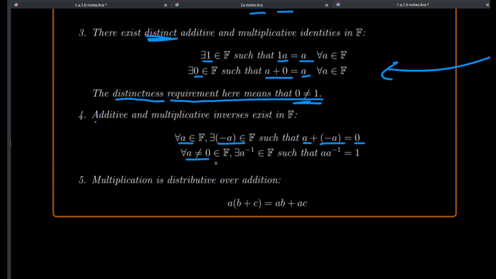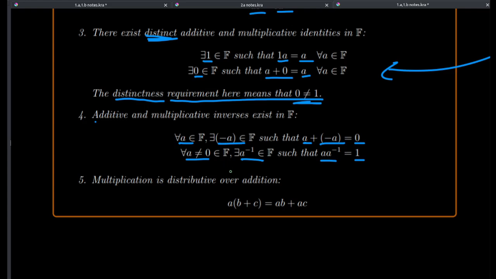Similarly, if you've got an a that's not equal to 0, there's some element which I'll call a inverse, a to the minus 1, such that a multiplication operation, a inverse, is equal to the multiplicative identity. All right. So far, to be clear, these are just stand-in symbols. I'm not saying that this is minus 1 times a or something like that yet. I am not making any sort of claim like that at this point.